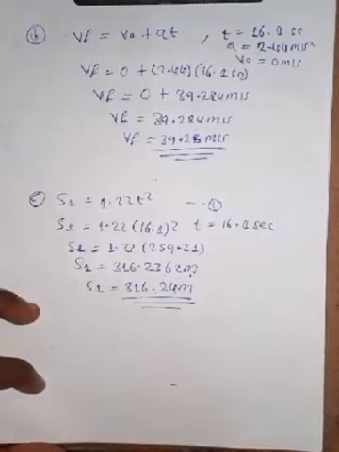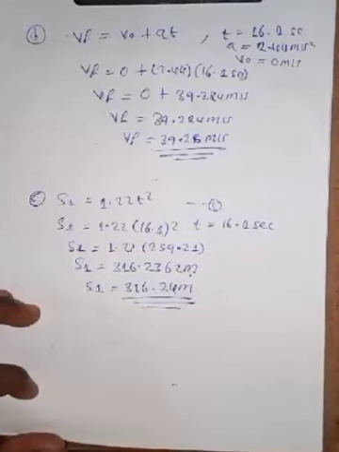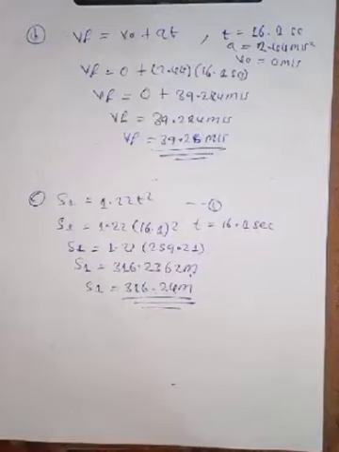Those are the main concepts under horizontal motion. If we have more, I'll still bring more questions. Next time we're meeting, we are going to focus on the vertical motion. We need to understand object falling and object thrown upwards, and how the acceleration due to gravity affects that motion.